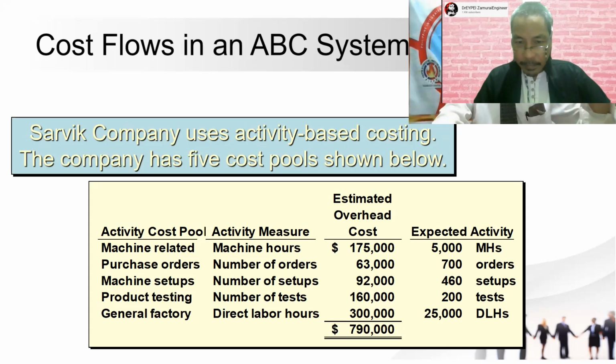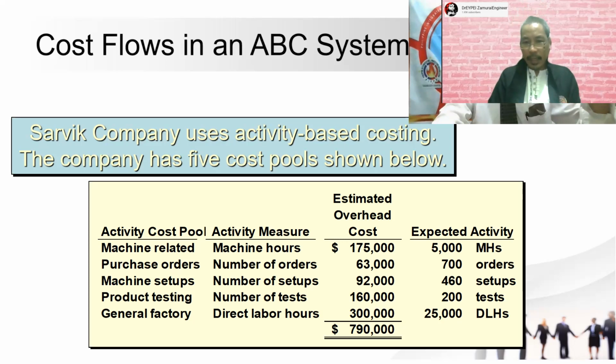On the first line, we have what? $175,000. Second line, $63,000, and so on, up to the fifth one, $300,000. If you use your calculator and get the total, maybe you can confirm that the total is about or equal to $790,000.